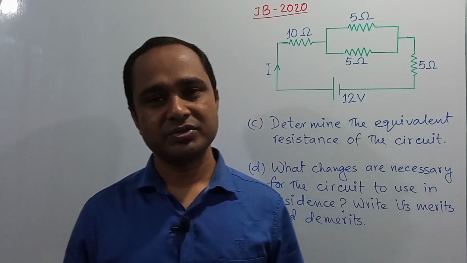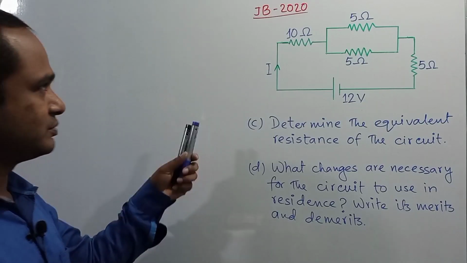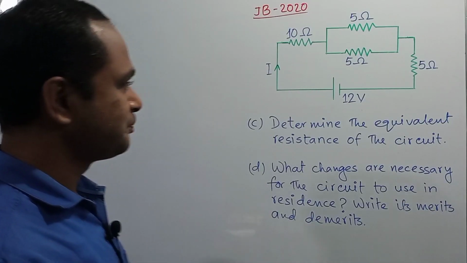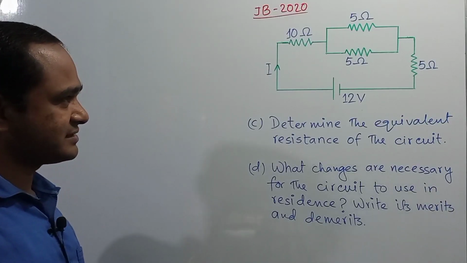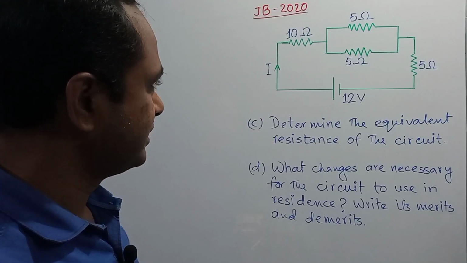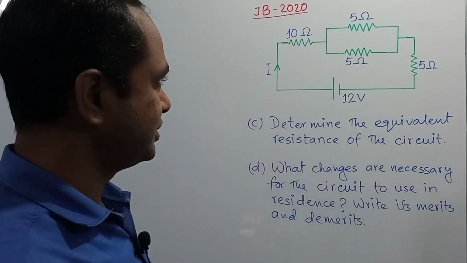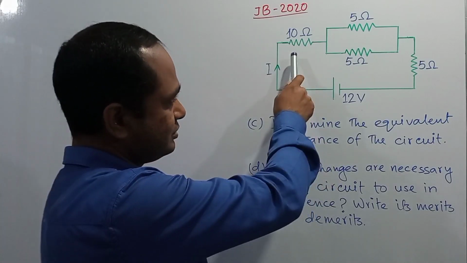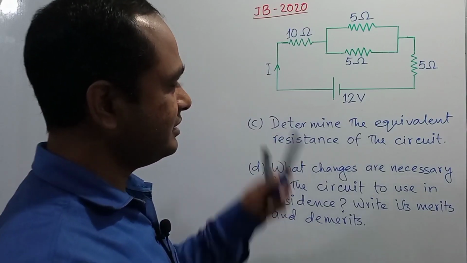Right, dear students, here is our first creative question, from Jessore Board 2020. The stem of the question is illustrated by an electrical circuit. It uses a DC source and 4 resistances. Here 5 ohm and 5 ohm are connected in parallel combination. Then the 10 ohm and the 5 ohm are connected in series with the parallel combination.